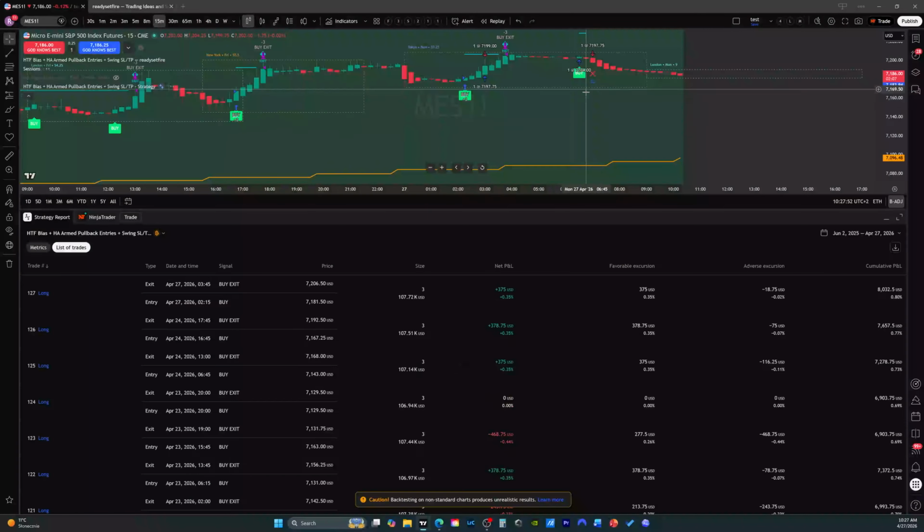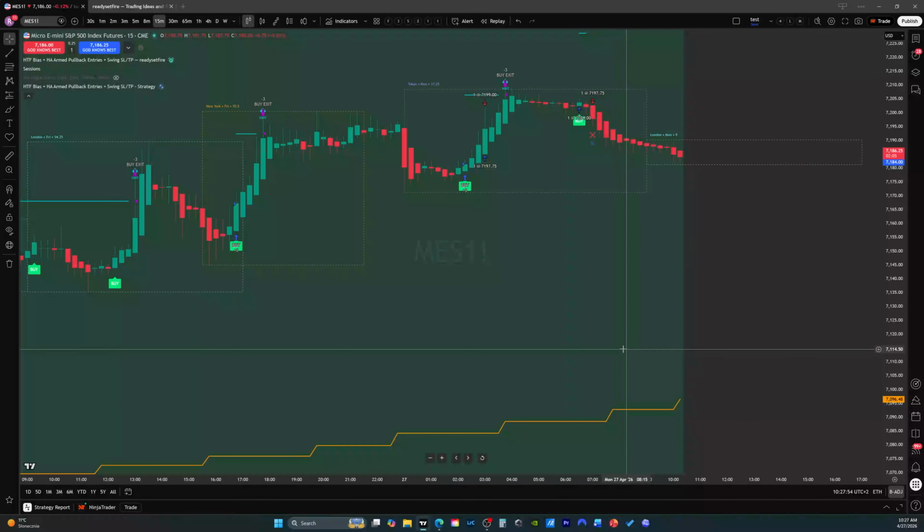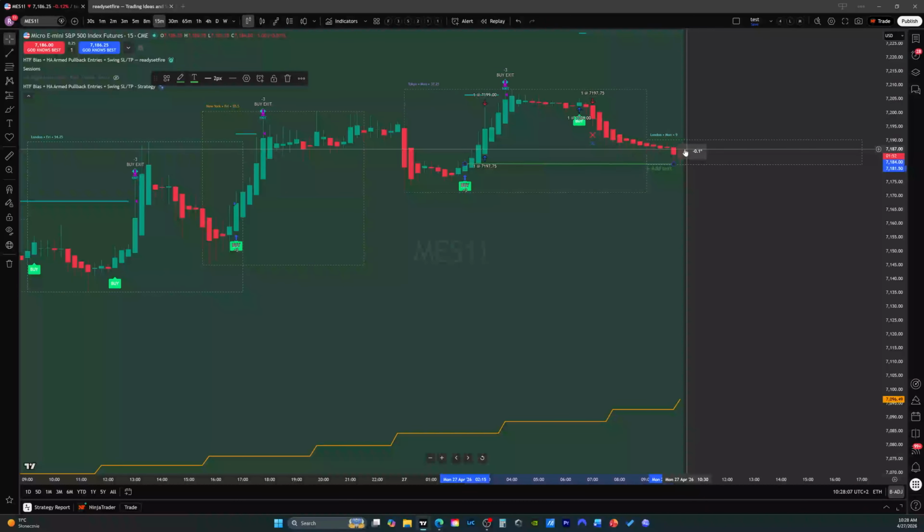Another thing that I noticed is that on the original entry price over here, when price revisits that level, oftentimes it bounces. You see it right here. I'm not entering right there because that's not part of my strategy, but that's another thing. See how it's bouncing? Boom.